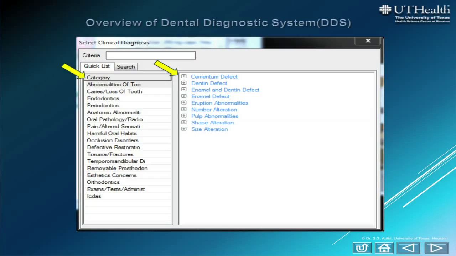You will be able to switch between each main category on the left and click the plus sign to expand each subcategory for more granularity in selections of diagnosis. We will explore each main category and select a subcategory appropriate for that particular example case.